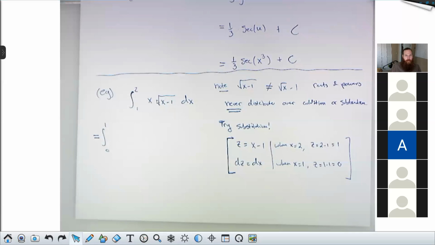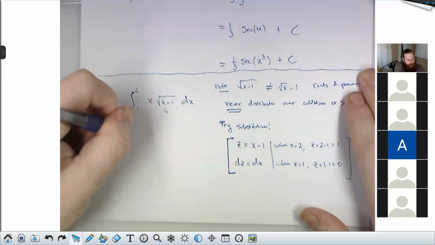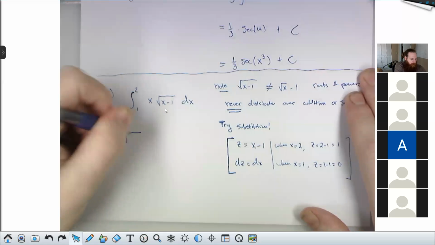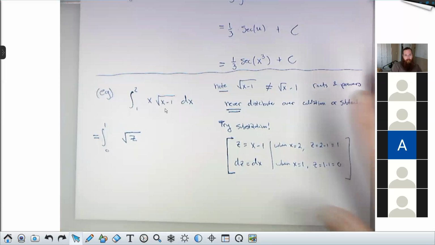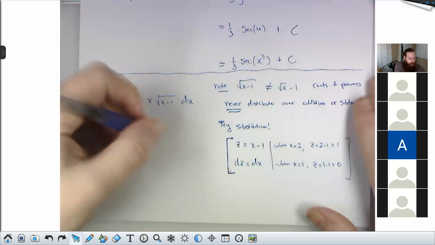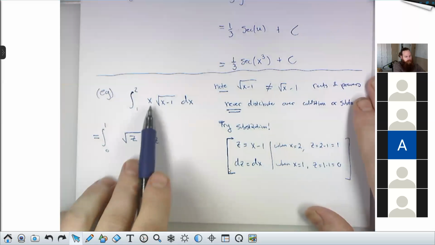The square root of x minus 1, I'll leave some space there at the start. The square root of x minus 1 is just the square root of z, because z is x minus 1. And dx is just equal to dz. But what about this piece?